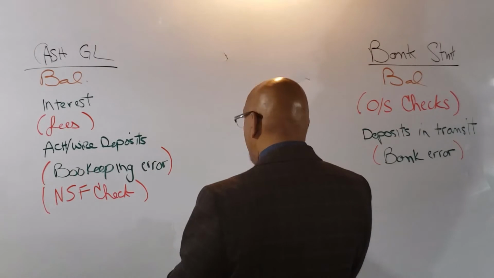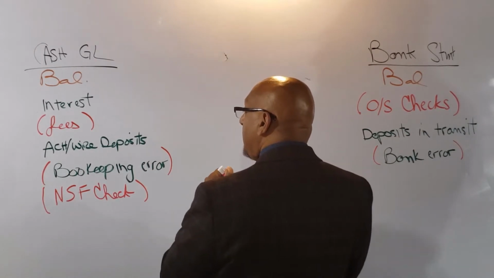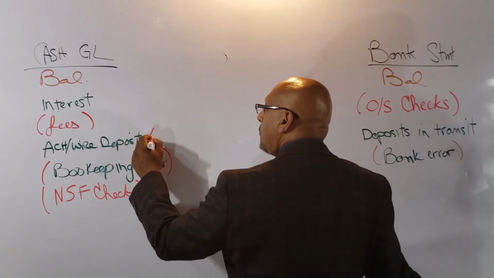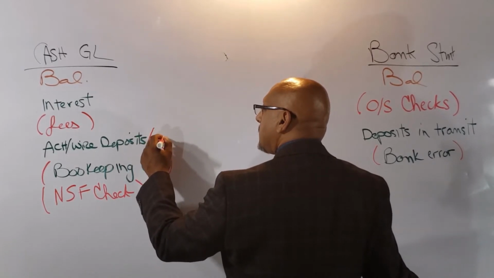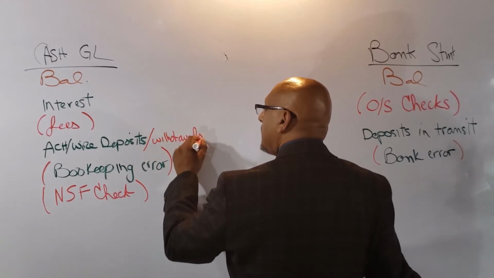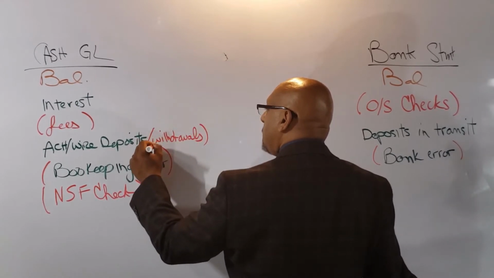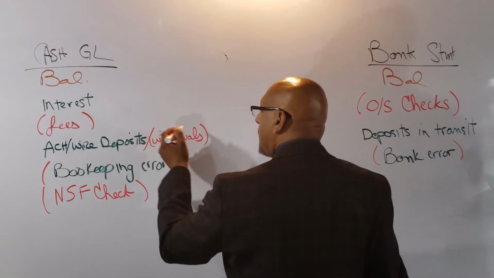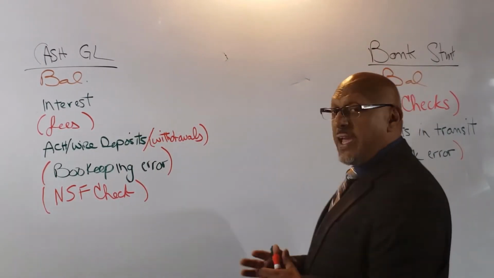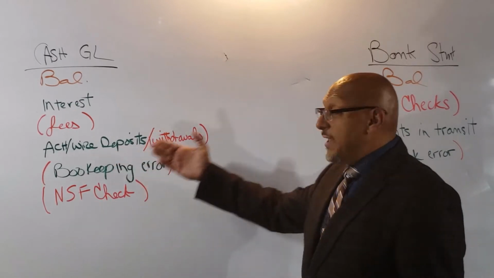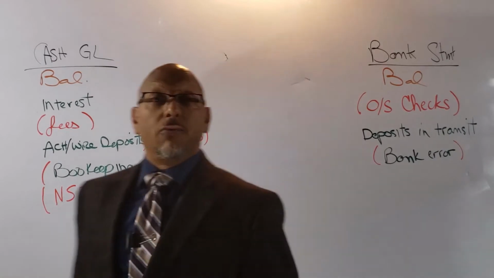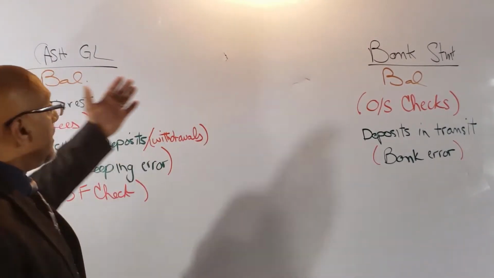So I'm going to write here, included in ACH wire deposits from customers and withdrawals, because withdrawals would be credits to our cash. Deposits would be debits to our cash. If we didn't know about it, we only are aware of it because of the bank statement. So that is a bank reconciliation in a nutshell.